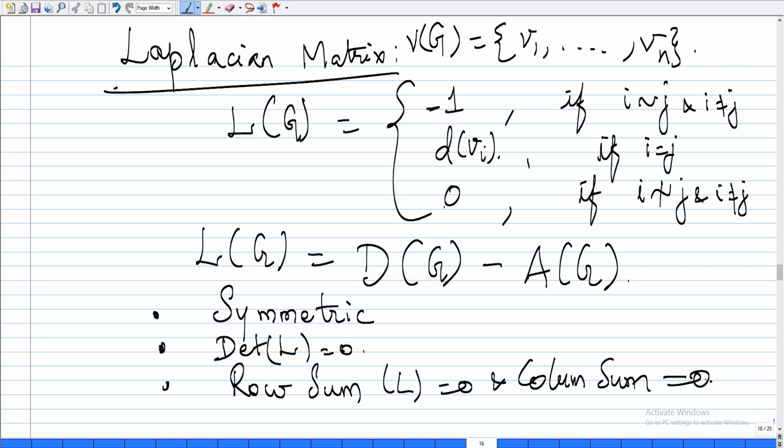Any other thing? Can we just pull it out from here? The trace is 2m. The trace is nothing but twice the number of edges. Why is it 2m? The sum of the degrees is twice the number of edges.